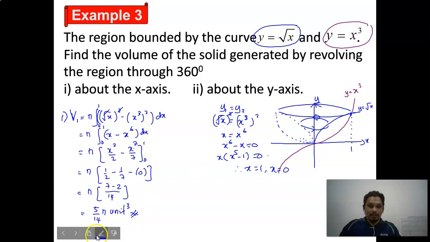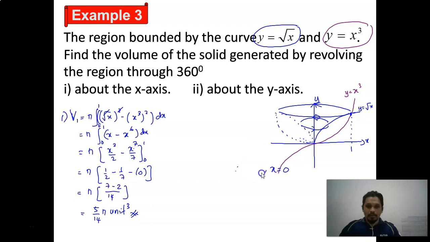I'm going to clear this off. And volume 2, which is pi integral of, now again, what about this one here? x equals 1. So when x equals 1, 1 cubed equals 1. We have found the intersection point between these two curves and found that x equals 1.